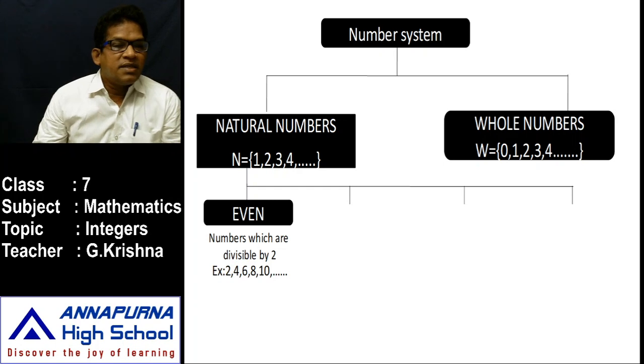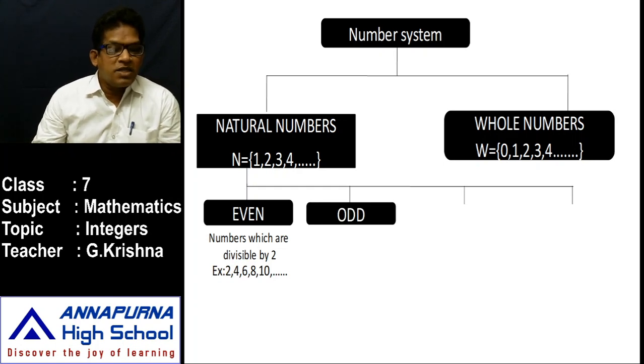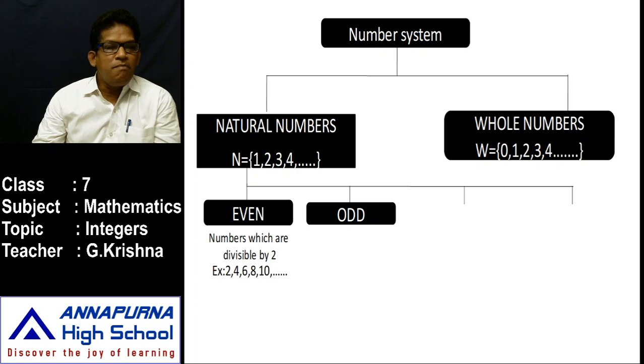The second one is odd natural numbers. This is the next category of natural numbers. The numbers which are not considered under the category of even numbers are odd natural numbers.